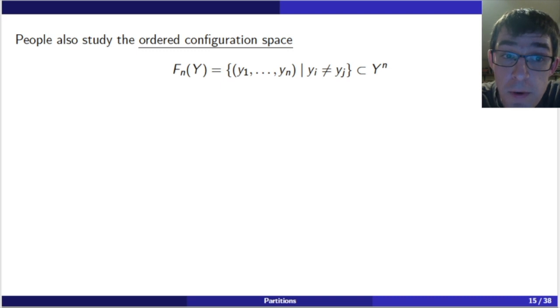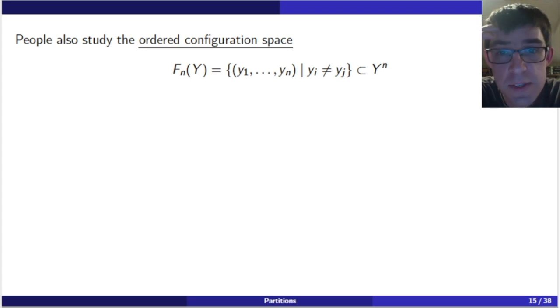You can also talk about this set, which is called the ordered configuration space. This is the same idea, only in this case you don't choose just any sets of n points, but you choose tuples of n points where you pay attention to the ordering of them. That's why this is called the ordered configuration space. And this thing naturally lives inside the Cartesian product y to the power n, because it's just a bunch of coordinates from y.